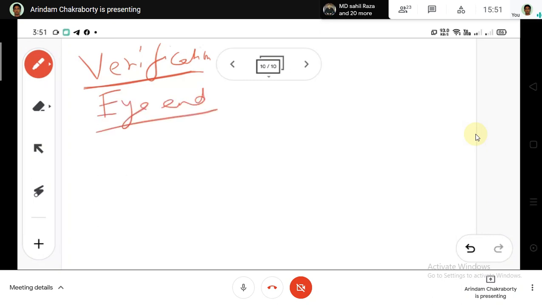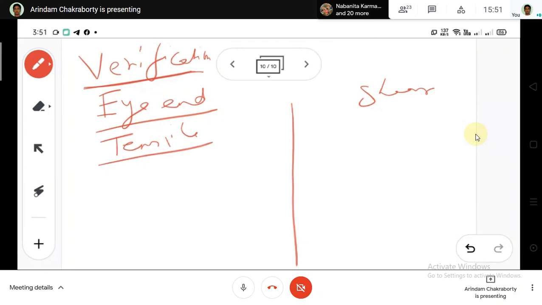As I told you in the previous class, we will be considering two types: one is shear and one is tensile.